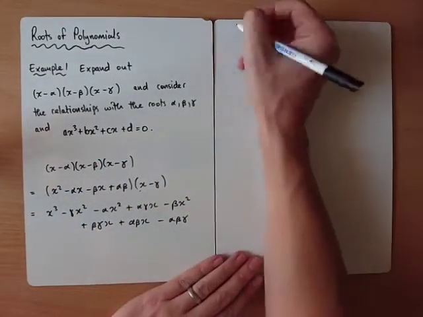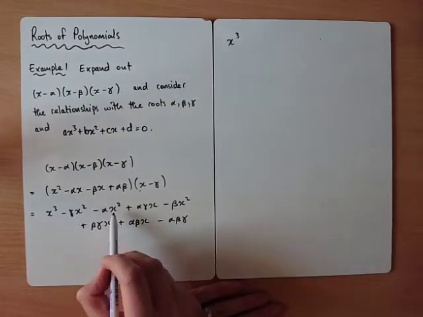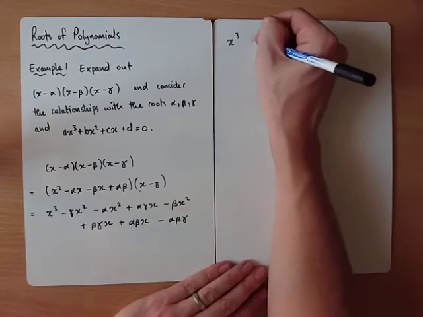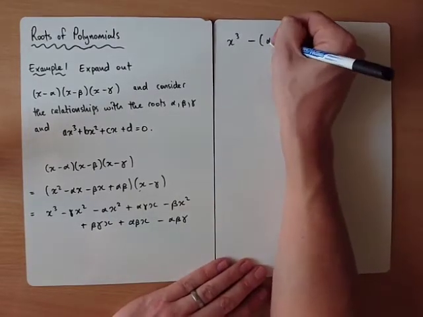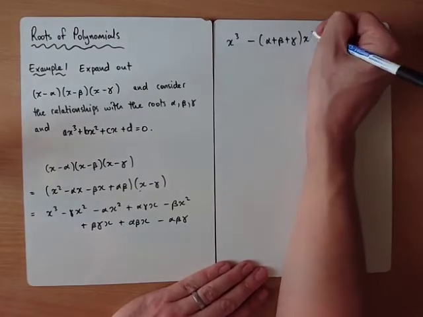So let's just tidy up and group our terms. We've got x cubed, x squared, and looking at the x squared terms, minus alpha minus gamma minus beta. So we could write that as minus alpha plus beta plus gamma, x squared.